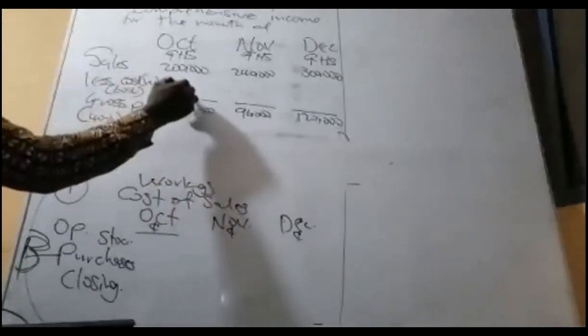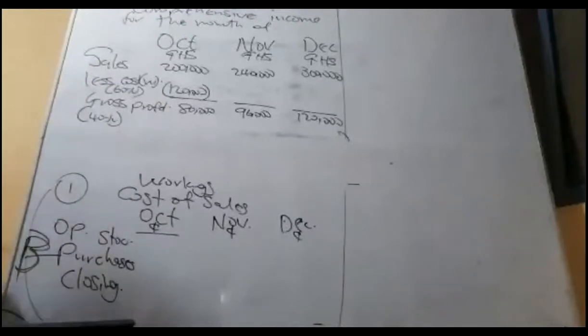120,000. So the question is this: what should I subtract from 200 so that I can get 80? Or I have to subtract 120,000. That's the cost of sales, which automatically the same as 60% of the sales, because gross profit is what? 40%, cost of sales was 60%. So any angle that you are coming from, the answer must be the same.